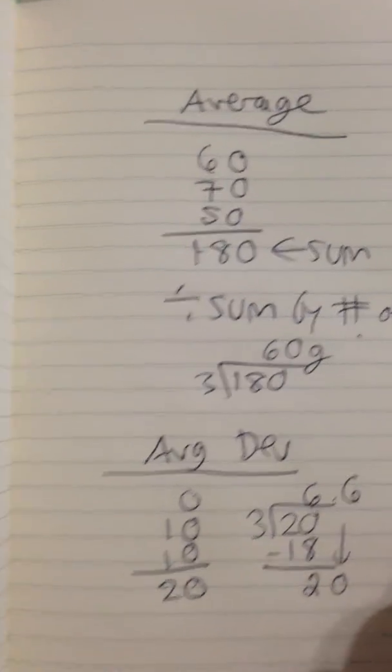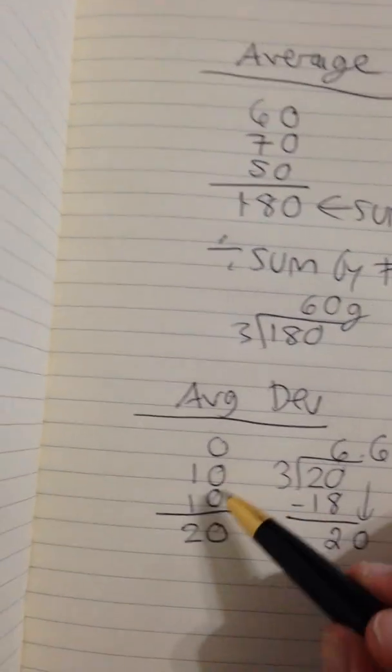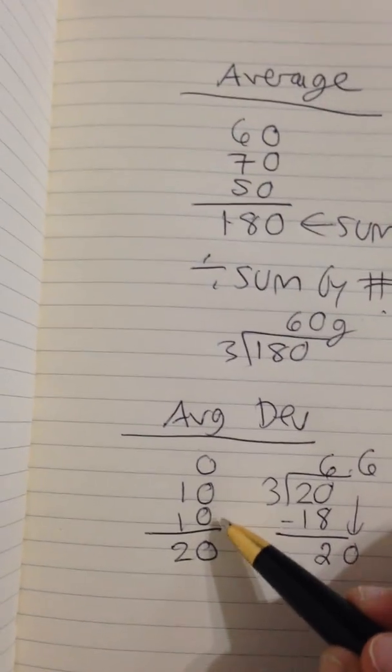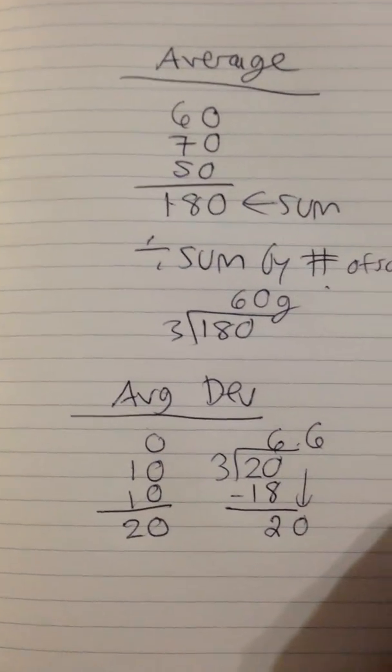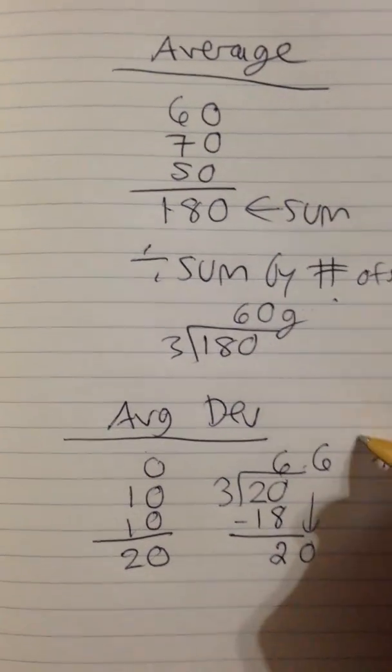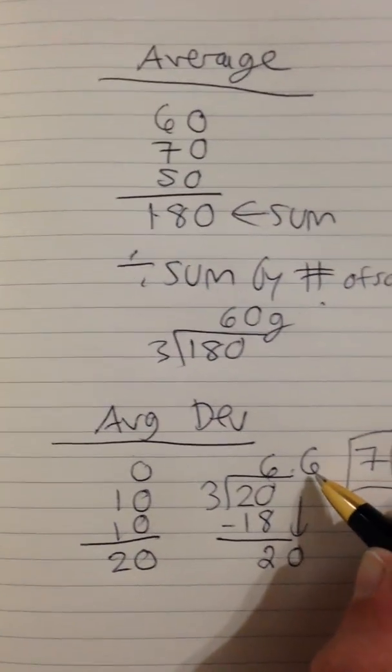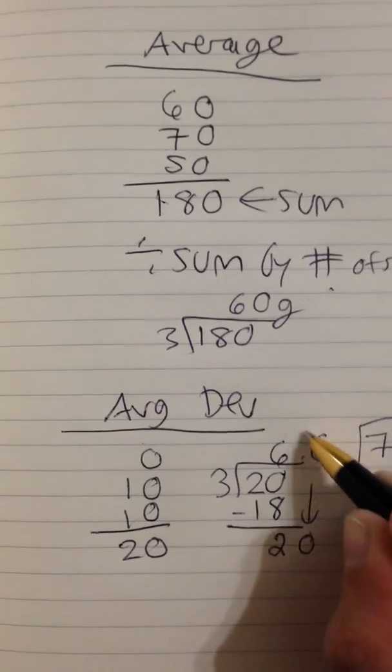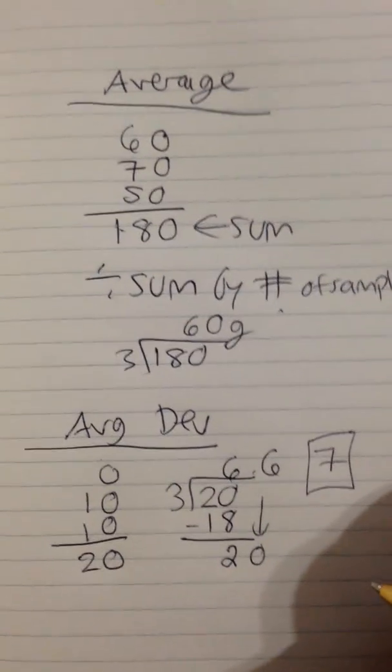So let's round. Since both of these only had one significant figure, you're going to be talking about that a lot in Chapter 2. Let's keep 7 as our average deviation. We're going to round up because this 6 is greater than 5, so this will round up to 7.